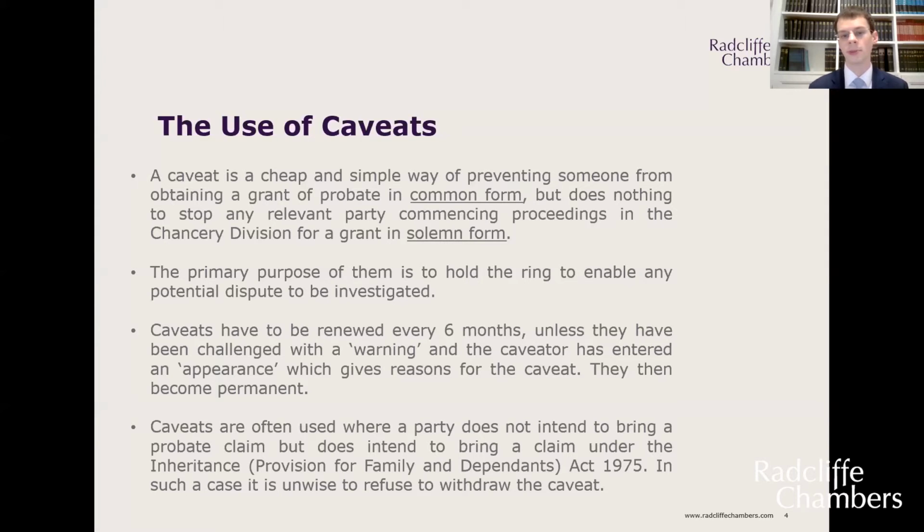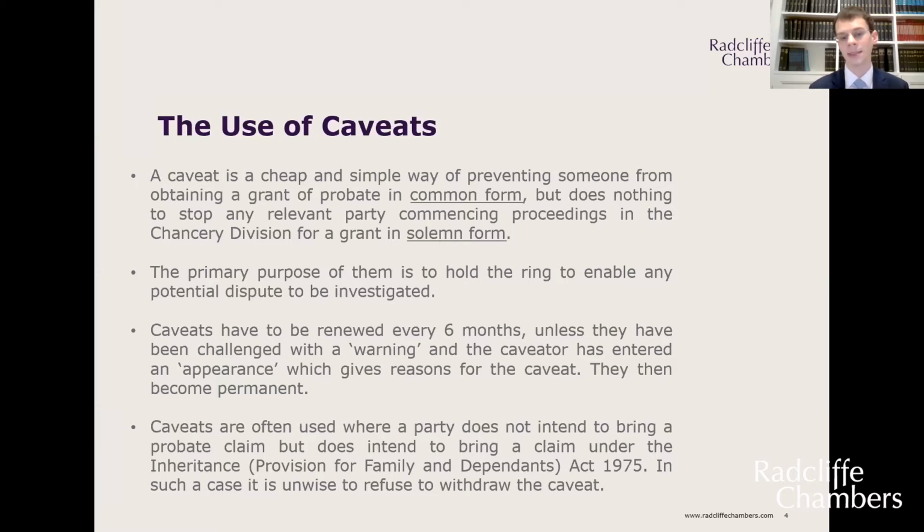The only thing that can stop you renewing, apart from probate proceedings in the Chancery Division, is if someone produces what's called a warning. That again is very easy. That's a very simple step. Once there's a warning, the person whose caveat it is can either just let the caveat go, or if they don't want to do that, they can enter an appearance.